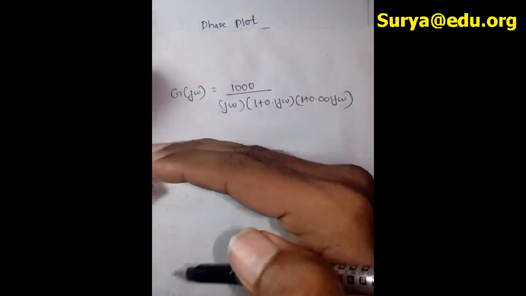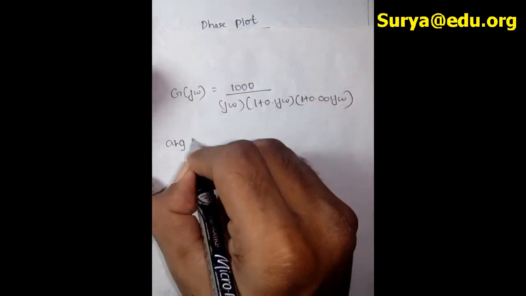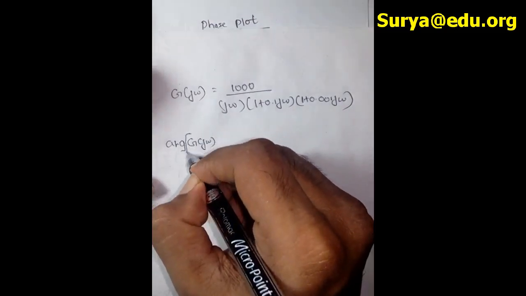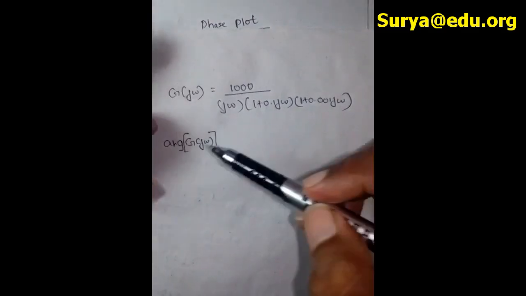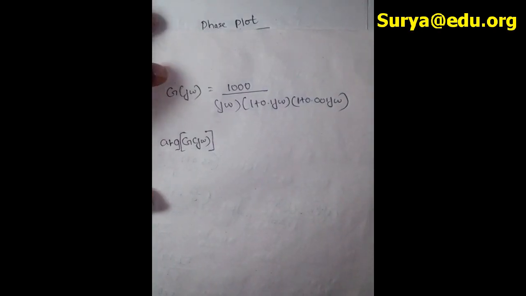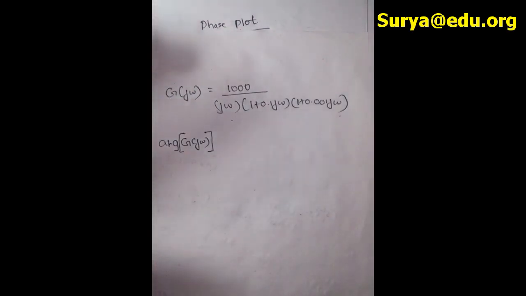You have to find the argument of this, which is the angle, so arg of G(j omega). Now I will tell you how to do that. You can consider this as three complex numbers in the denominator. That is the easiest way.